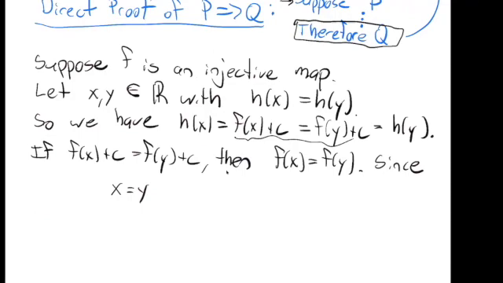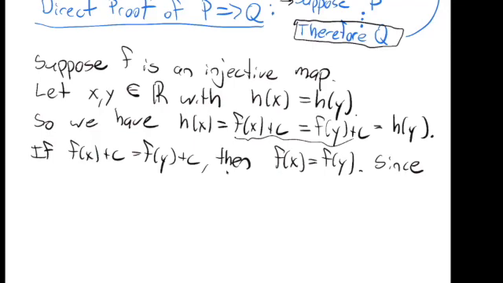So we started with setting h of x equals h of y, just to take us through the logic. And then we saw that h of x equals h of y implies f of x also has to equal f of y. And now, since we assumed f is injective, f of x equals f of y is going to imply x is equal to y.